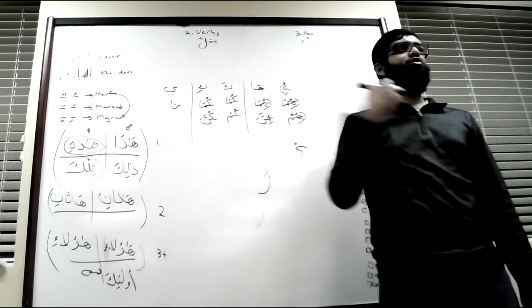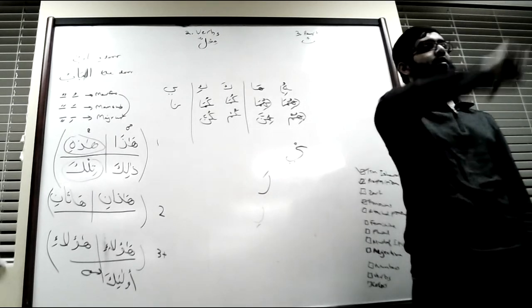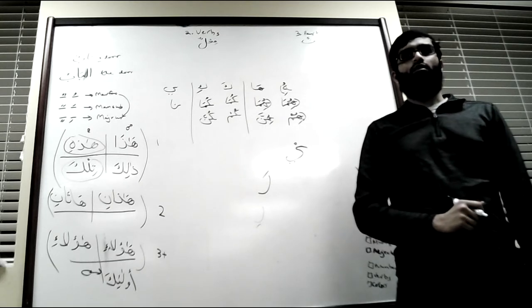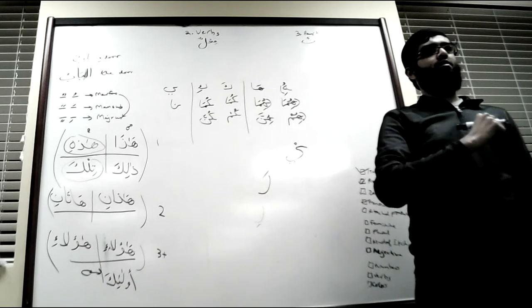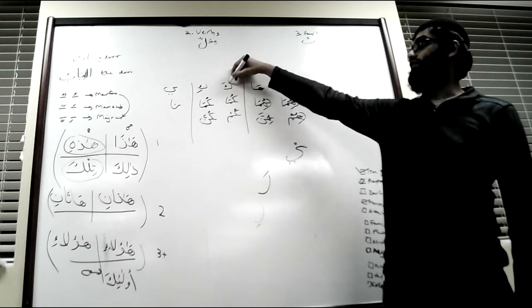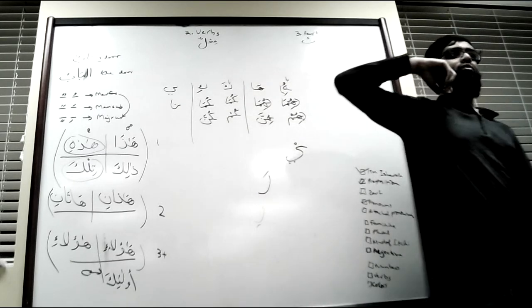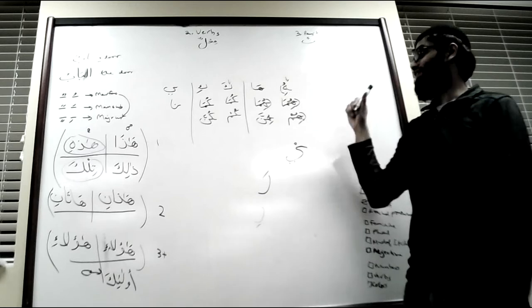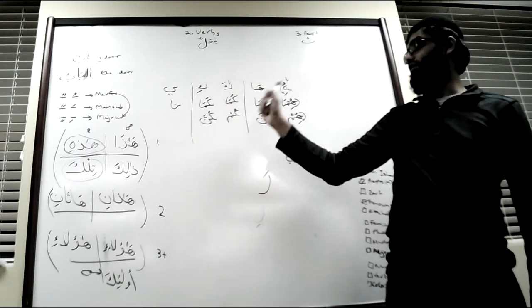Okay, how do you say "to us"? Lana. How do you say "to you," one man? Laka, right. So if it's second person you're addressing him, it's laka. If you're talking about someone, it's lahu. I want to do the practice where you just do all 14 of them.